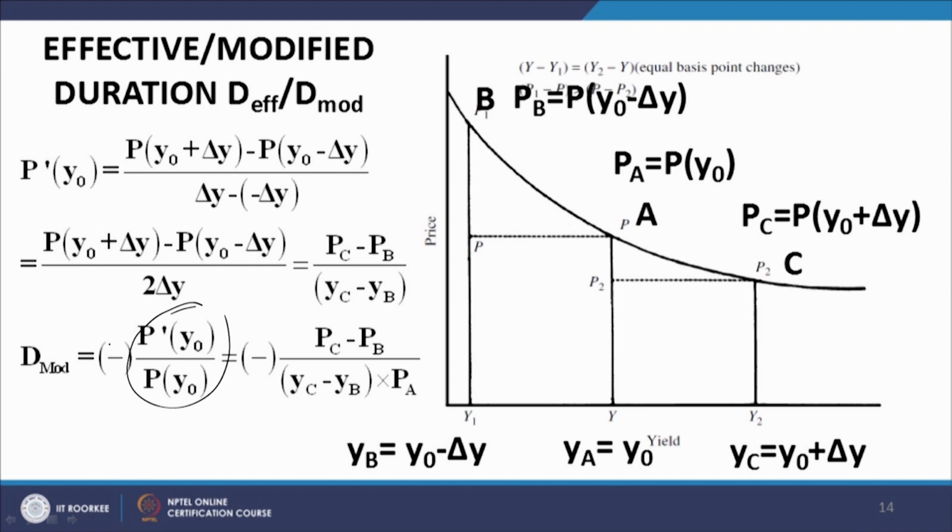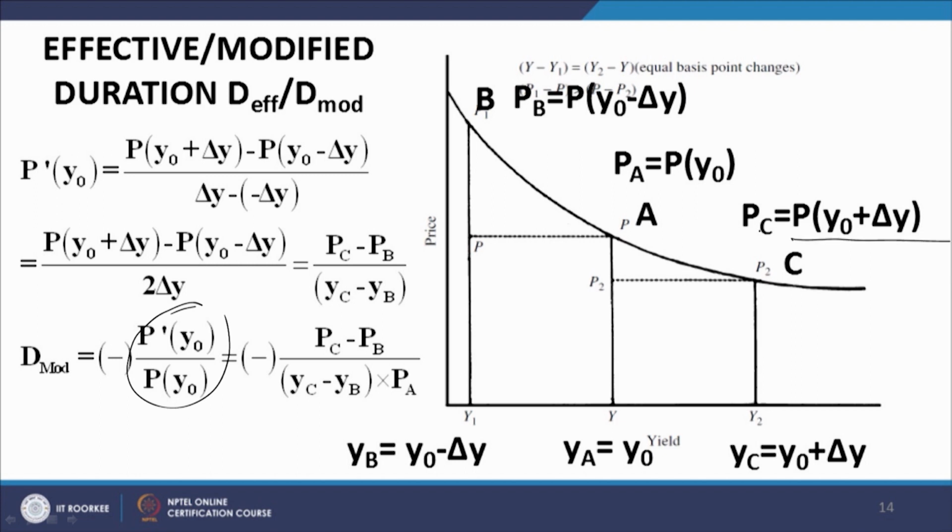The point that needs to be emphasized with reference to this derivation is that we move in both directions. We take the average of movements of the yield in both directions. We first consider the movement of the yield in the positive direction by a small amount delta y. So, y 0 becomes y 0 plus delta y, and the corresponding price is given by P of y 0 plus delta y, and we call it P c.